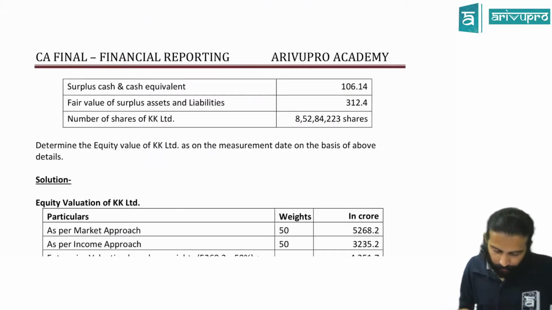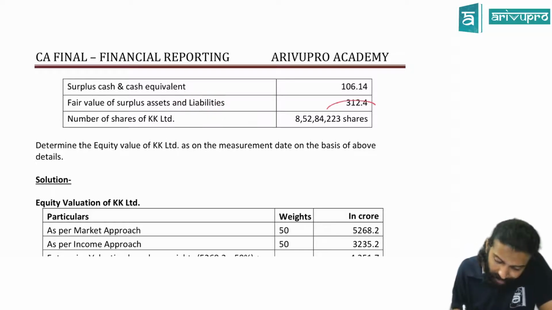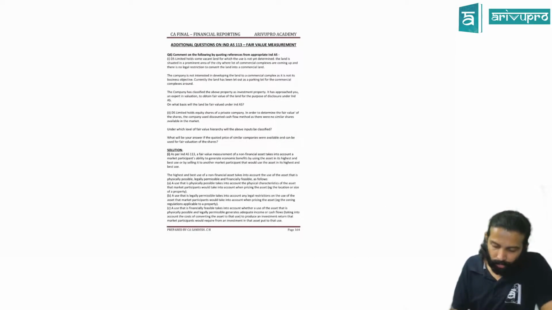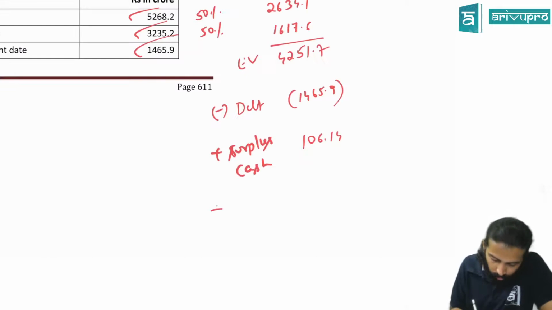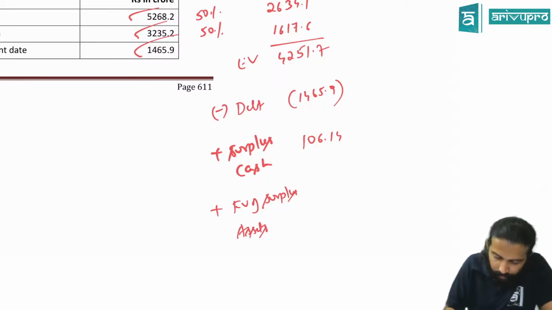Next, anything else? You have fair value of surplus assets also that you did not include. They have told specifically, which means not included. So for fair value of surplus assets, what do you have to do, sir? Add. How much is the fair value of surplus assets? 312.4.